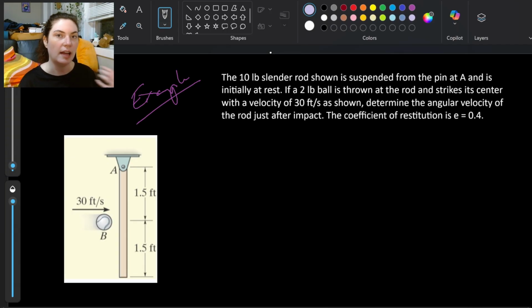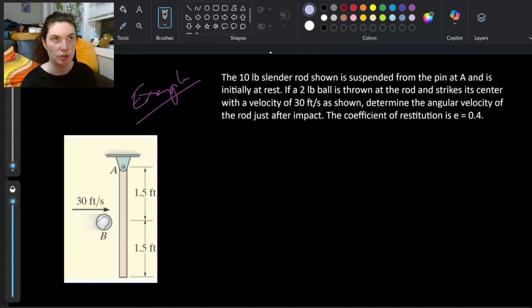Now, if you watched the last video where we talked about conservation of momentum, you might think, oh, this looks pretty similar to that. We had a rod hanging from a pin and a bullet striking it at an angle. The difference with that problem is that our bullet was becoming embedded in it. So now instead, in this baseball problem, we have a ball that is hitting the rod and then bouncing off.